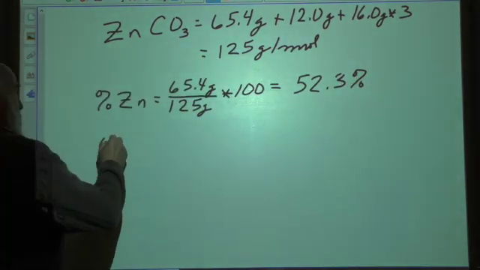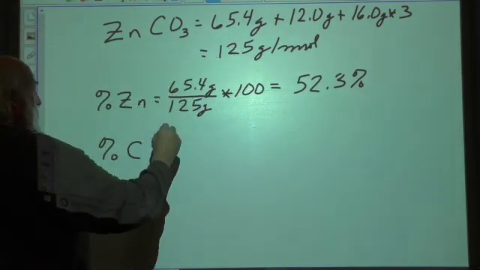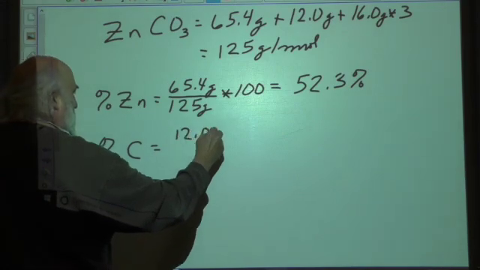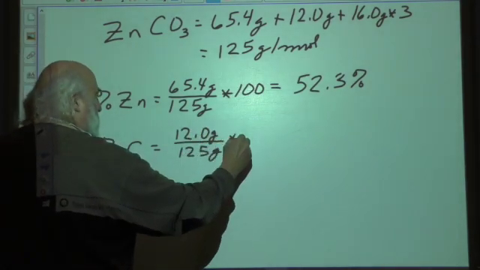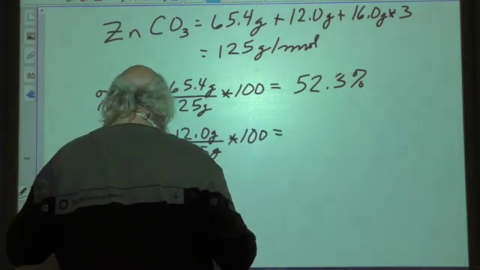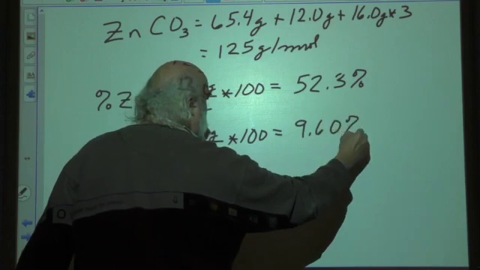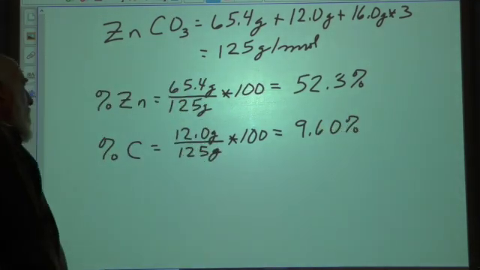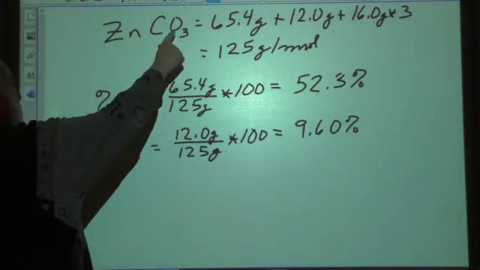Percentage of carbon. Well, the total amount of carbon is 1 carbon, so that's 12.0 grams, divided by the total mass, 125 grams, times 100, and this gives us 9.60%. And then when we do the oxygen, now we have that 3 to contend with.